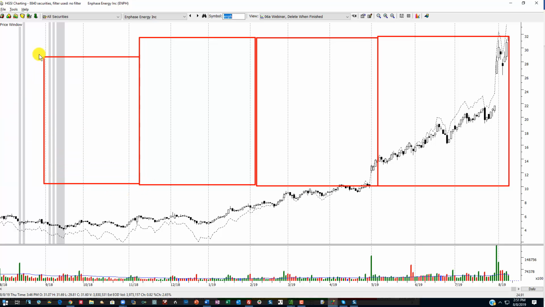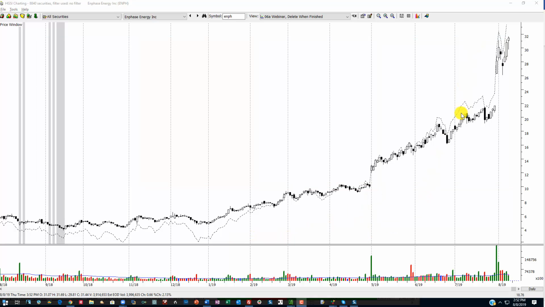And then finally 20% of the weight back here. So most of the emphasis, of course, is on the last quarter, but it's taking into account all of these other quarters too.